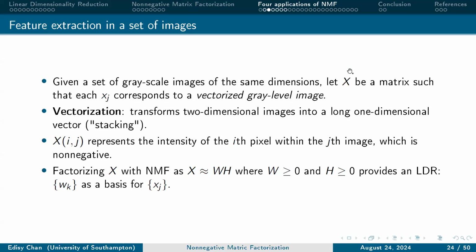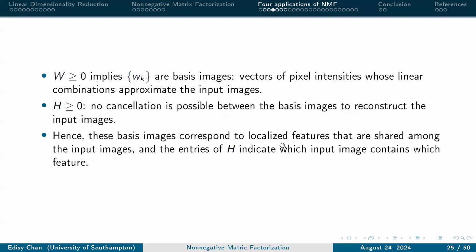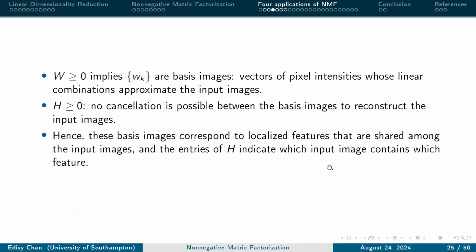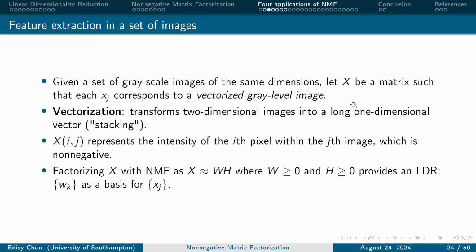Now we assume the matrix is the data, so each column corresponds to one image. In this case, we have a really big matrix, as you can see. The number of images, or number of data points we have, is the dimension of the matrix, basically.